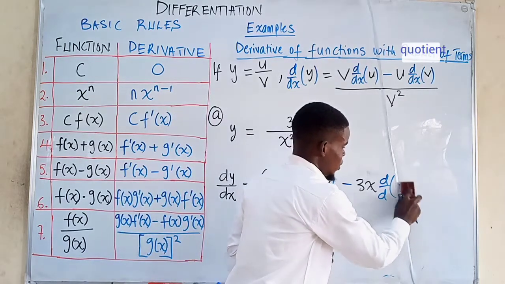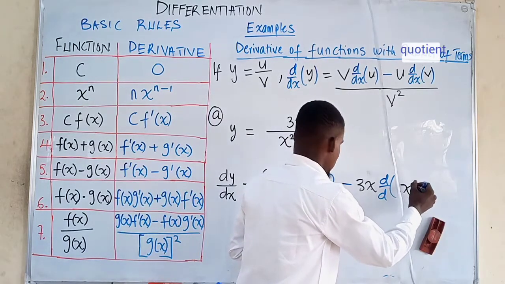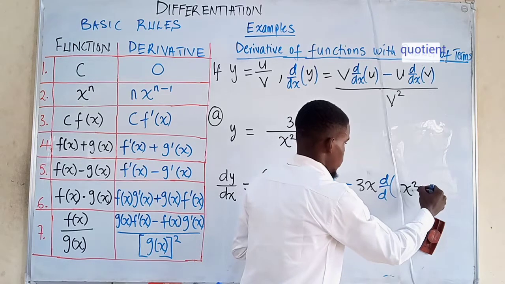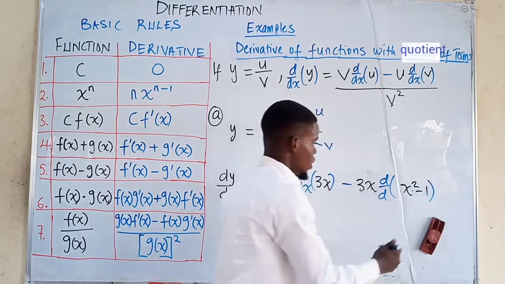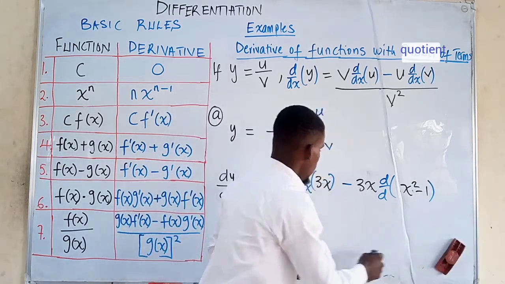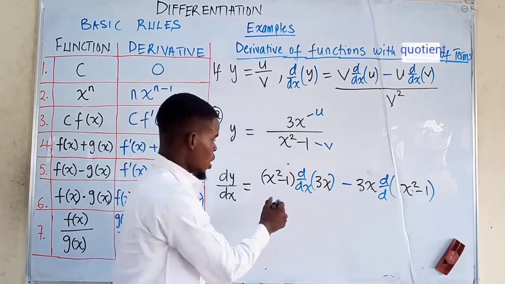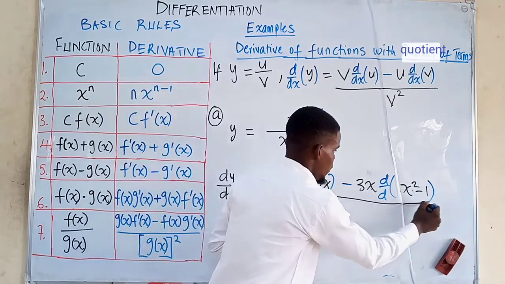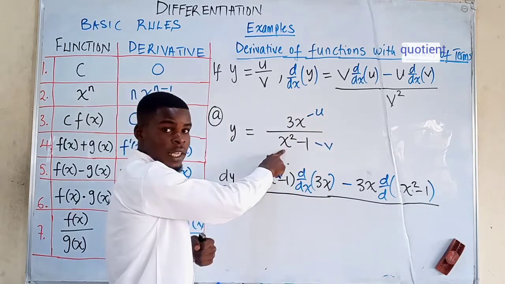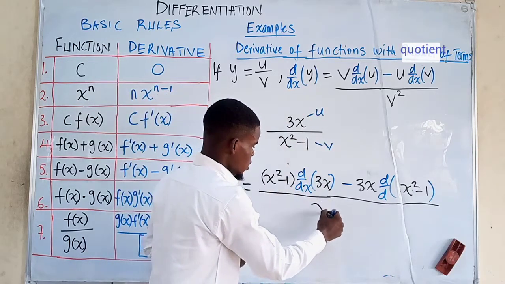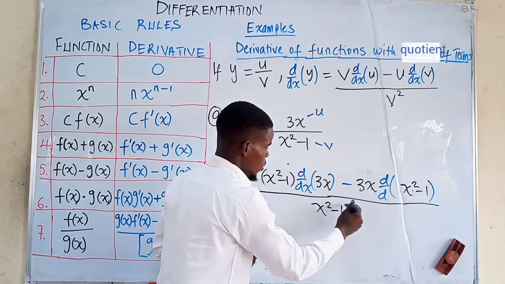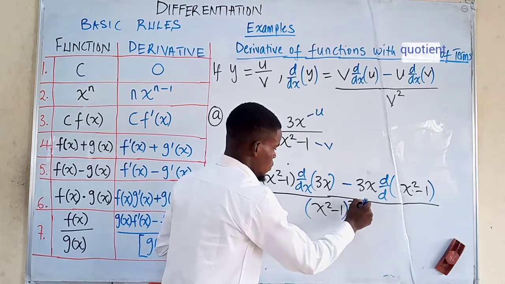Let me put down the function first, x squared minus 1. This will have the structure where we divide by v squared, so we have x squared minus 1 all raised to the power 2.